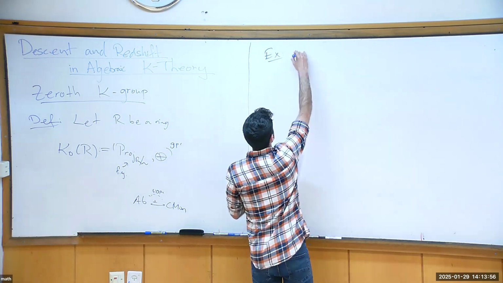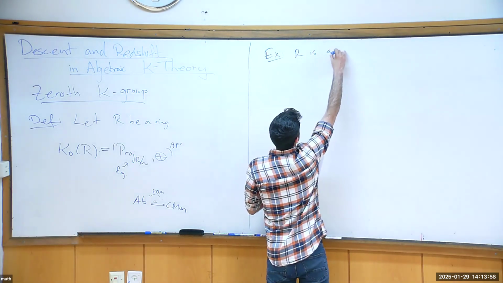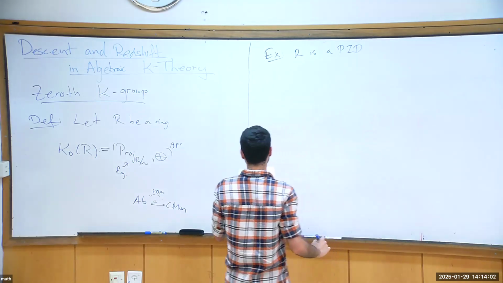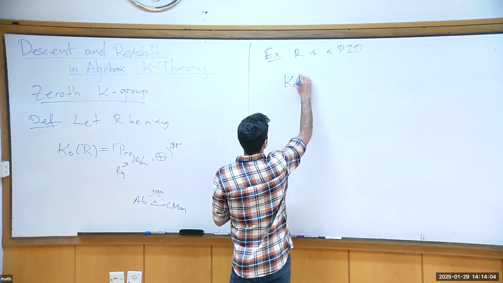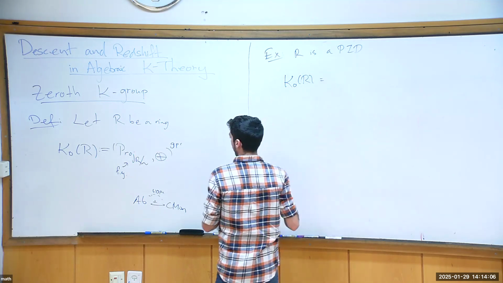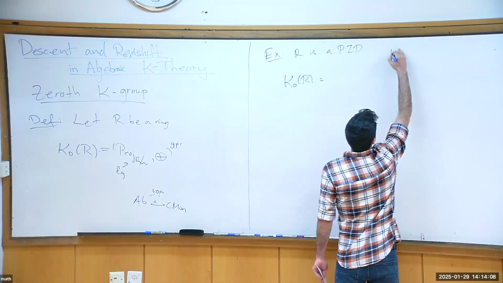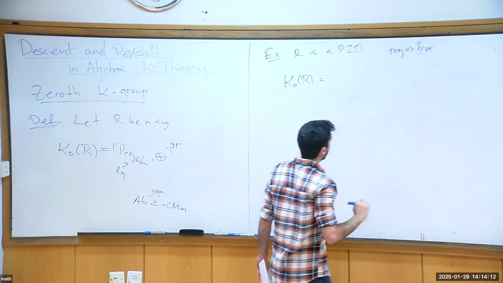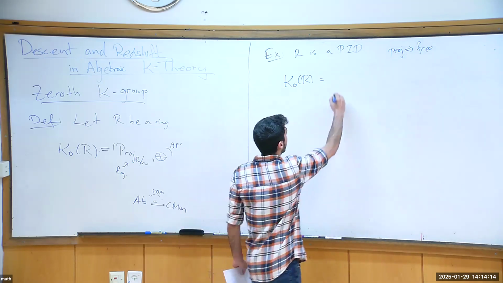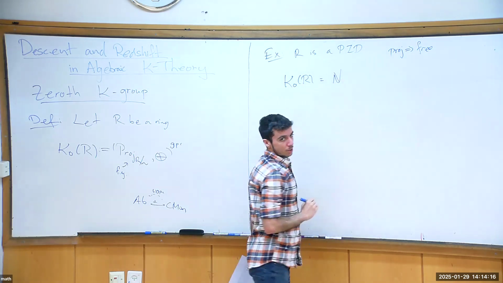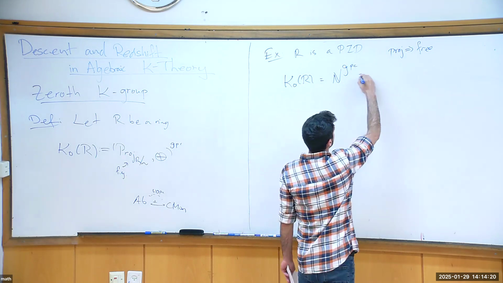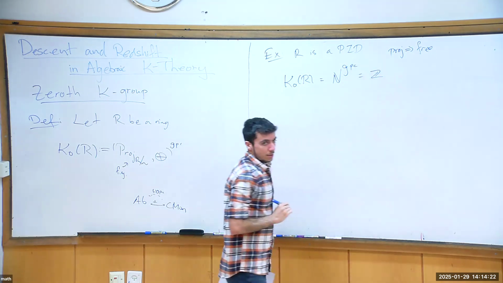So if R is a PID, so for example, the integers or a field, then if we want to know what K0 of R is, well, in a PID, projective implies free, and we are looking only at finitely generated, so we only have one for each integer, classified by the dimension, and the group completion is the integers.